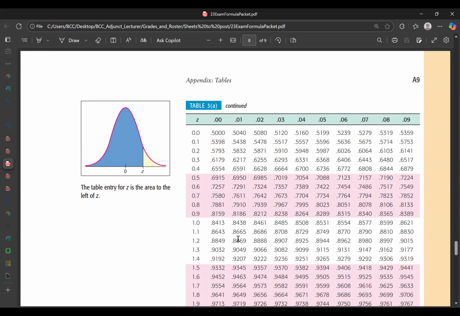Good job. We have 0.8 right here, the 1 right up top. Look at where they intersect. You have the 7910. Boom. After this, a little subtraction, and we're good to go.